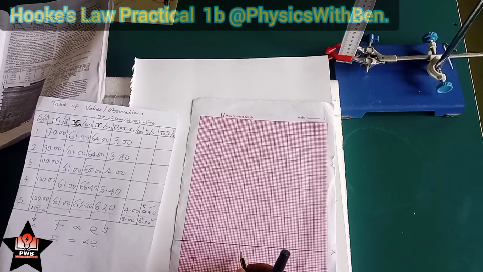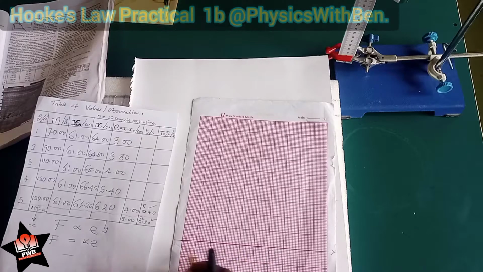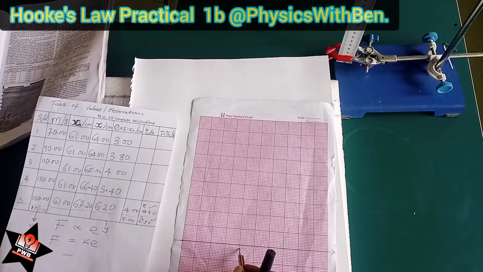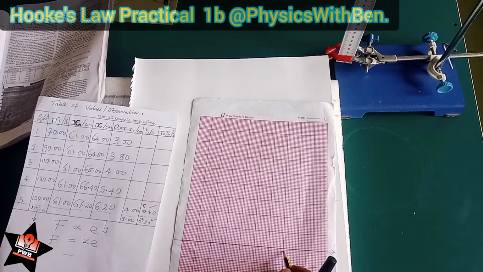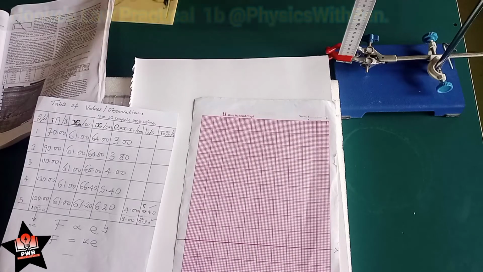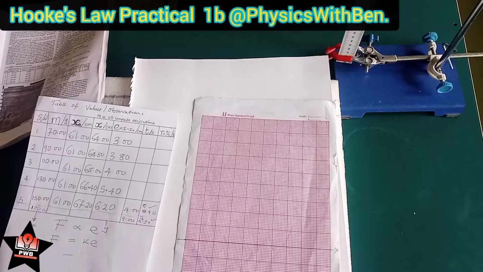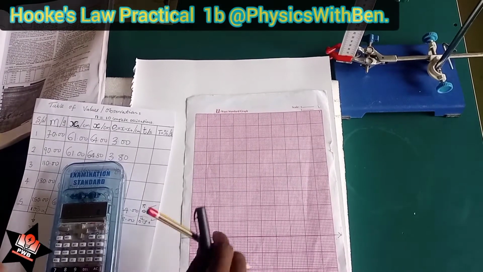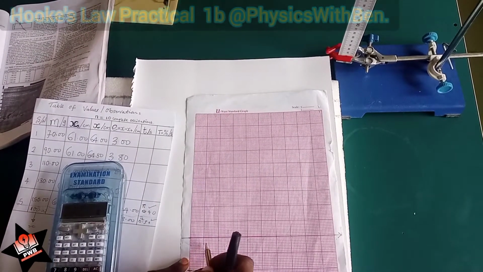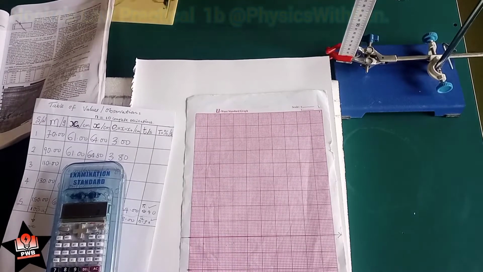Let's look at 4 cm. Can we say 4 cm to 100? This is 100. This is 200. So we're going to choose 2 cm to represent 20 units.